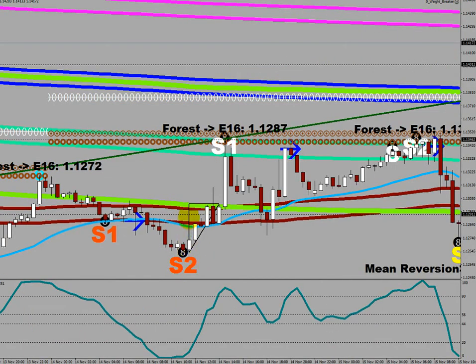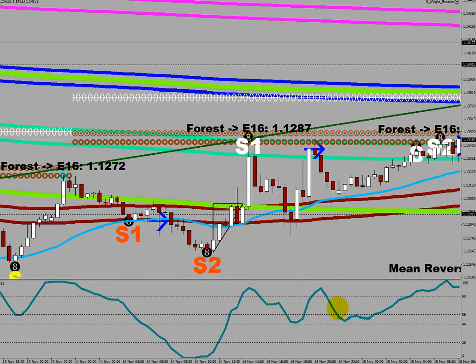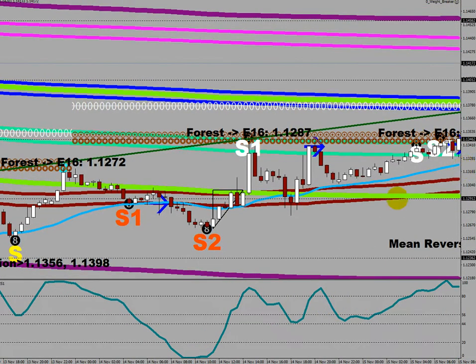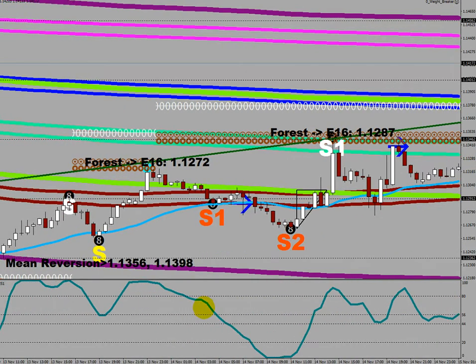Now what's the story with this one upside down? Well, you need to know the context, and the context in this case was a mean reversion in progress.